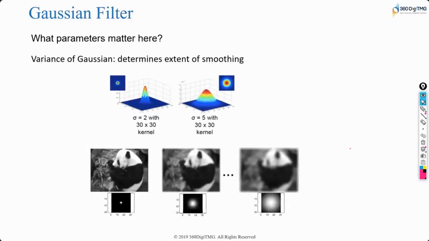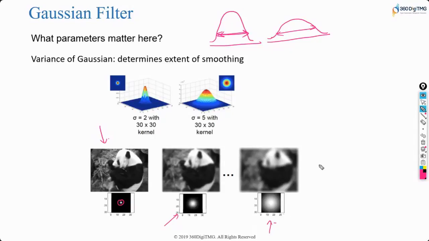And for the amount of smoothing on your image, if you apply a Gaussian filter which has small variance, so Gaussian means normal distribution basically, the variation is less, so the amount of blur is less. If the variation is large, then the blur is more.